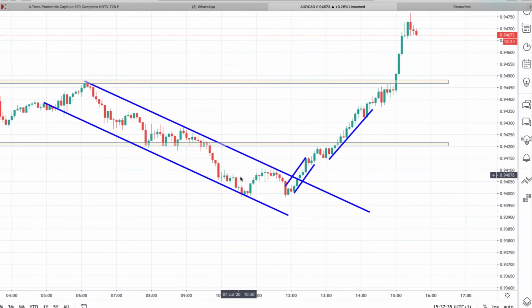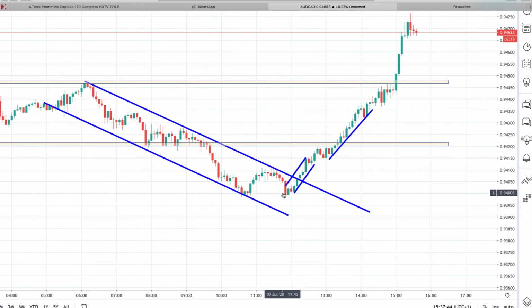The same thing: it came back to this level, went all the way up, but we didn't have the break here, we had the rejection. Price went all the way back down, and then we found the rejection here. And when these things start to happen, this actually tells you the bearish are losing strength here, so we're going to see the bullish taking over from now.